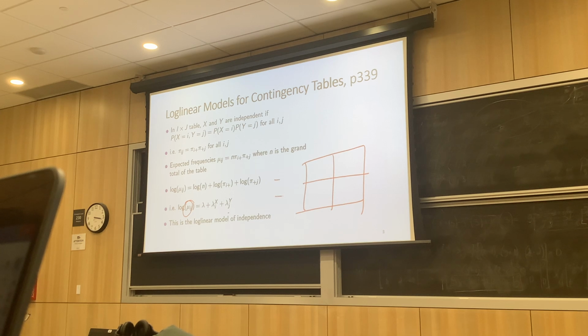Maybe different levels of alcohol, so that is X, and Y is whether the baby is malformed or not, 0 or 1. So those are contingency tables, and we have the number of observed counts for each category, and these are what we call nij.